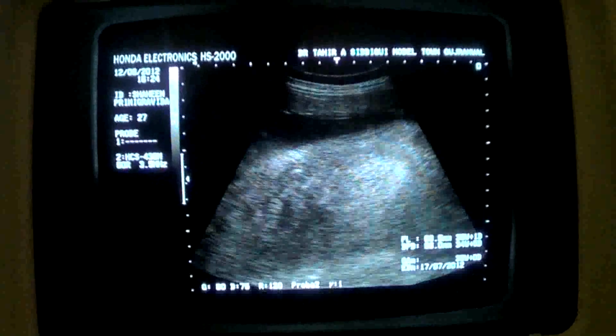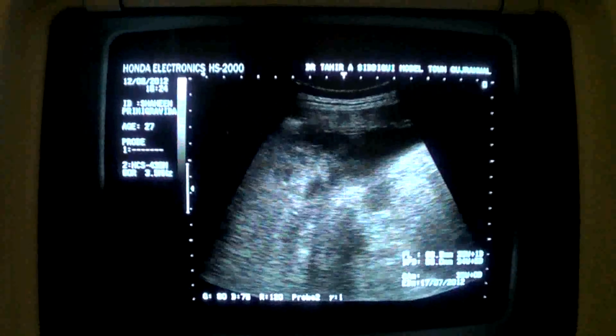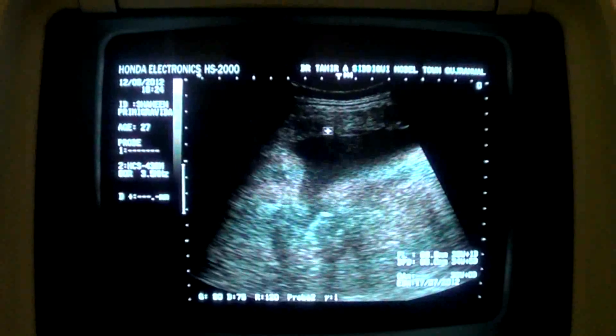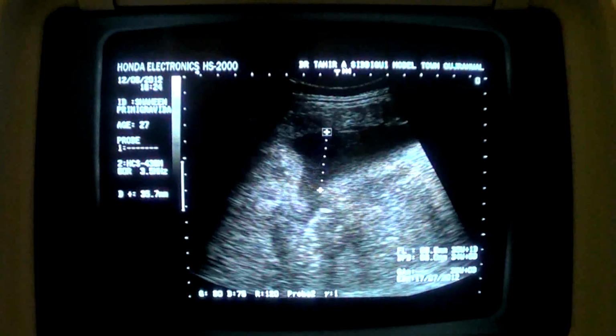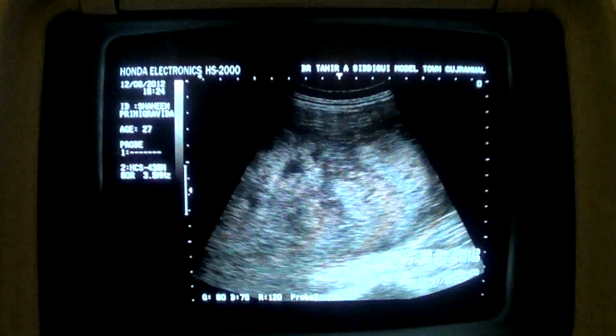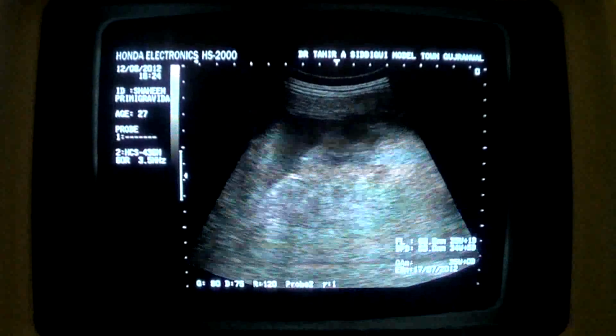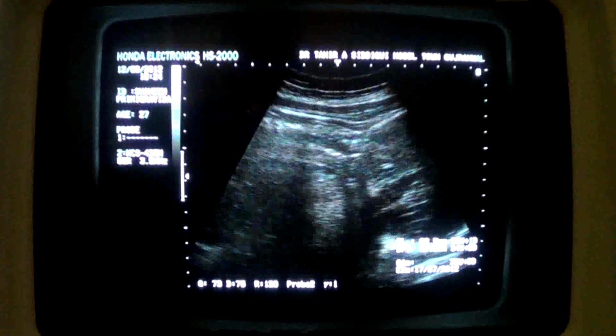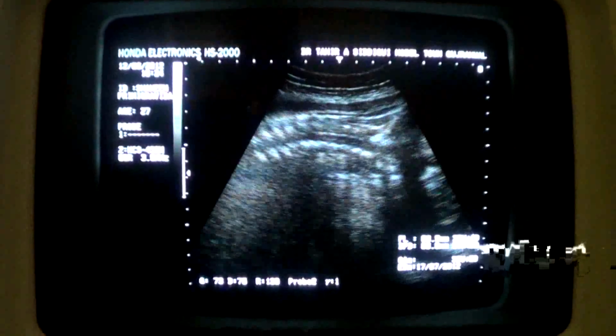The amniotic fluid is quite less. This is the only pocket of the amniotic fluid, this one, which is visualized. And this is the placenta. This is the neck.